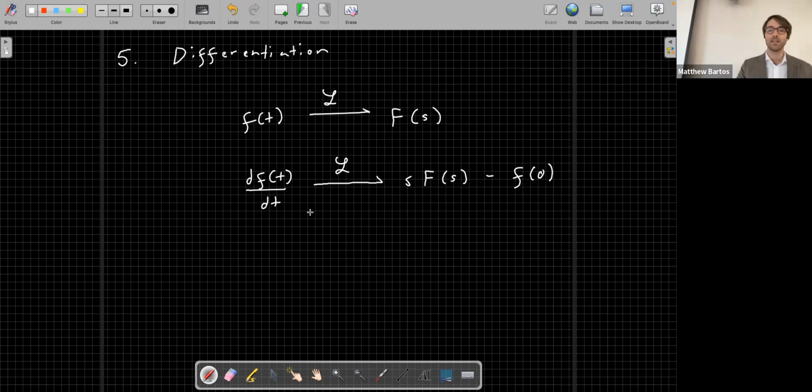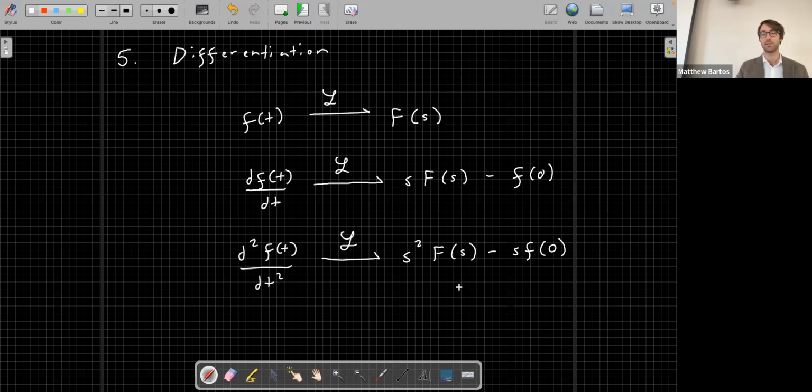Similarly, if we take the second derivative of our function f with respect to time and apply the Laplace transform, it maps to s squared times big F of s minus s times our initial condition f of 0 minus f dot of 0.